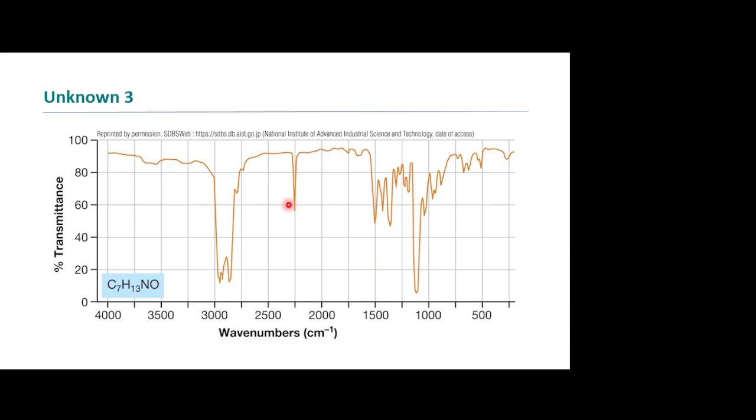And how does it give supporting evidence? Because that means we have 2 pi systems. So we have to either have 2 double bonds, which we don't have any double bonds, or we have to have 2 ring systems or some combination there, right? Or a triple bond. So the ring systems technically would have been possible, but we also had this evidence right here. And so with those 2 pieces of evidence together, we have a very strong case for having a triple bond. Is that making sense? Yeah.